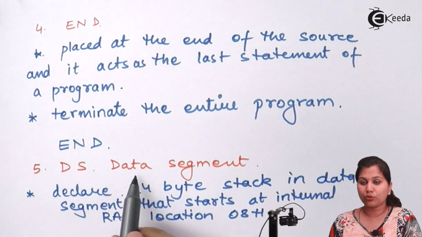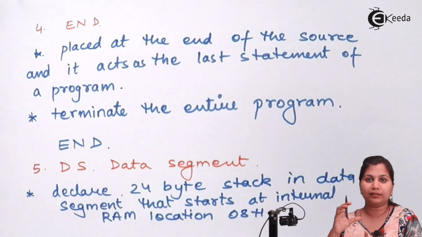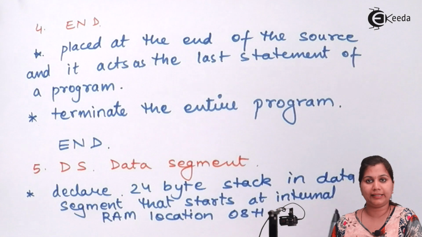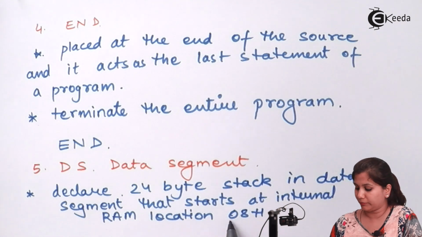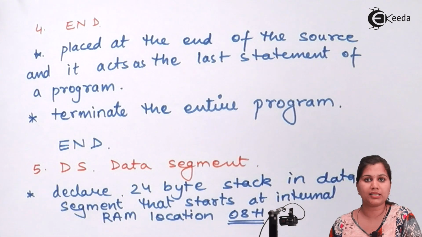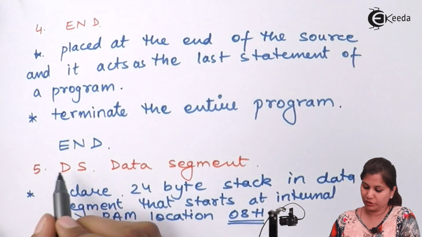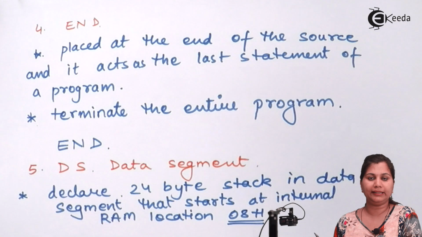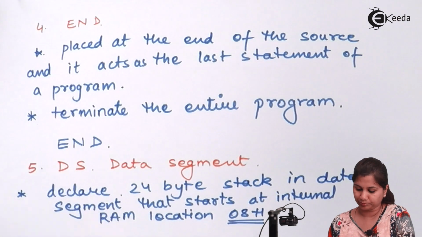So it is going to automatically define the memory location as the 24 bytes of the data segment. Okay, and this 24 byte data segment will start from the memory location 08H. Okay, so DS means data segment and its format is just we are going to write DS in the program.